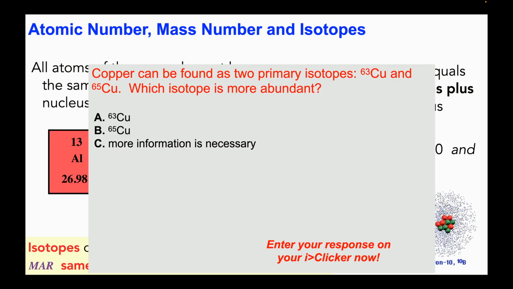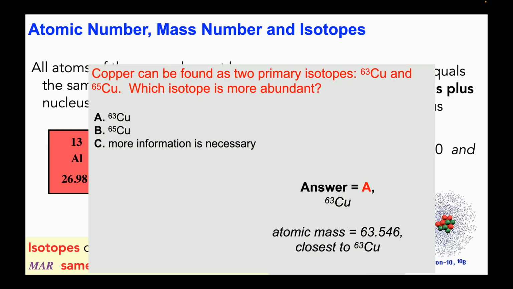If you look at the value for copper on your periodic table, it's about 63.5. And 63.5 is closer to 63 than it is to 65. You can think about it like a number line between 63 and 65, the 2 mass numbers. Then the average mass, which is listed on the periodic table, 63.5, would be closer to 63 than it is to 65.